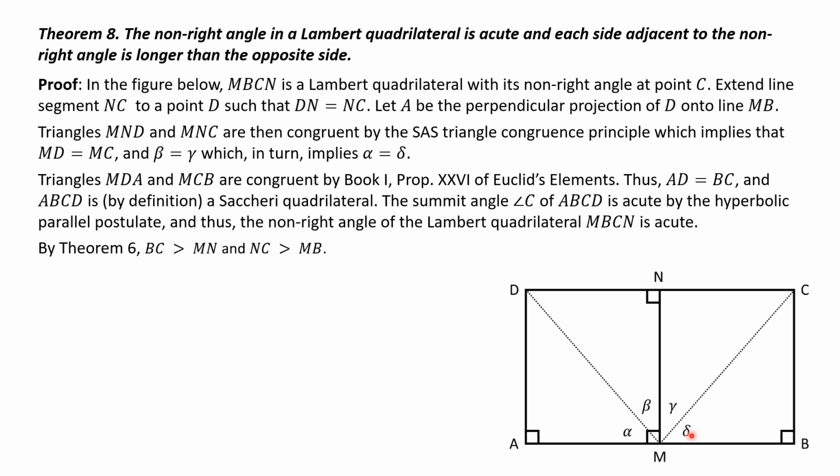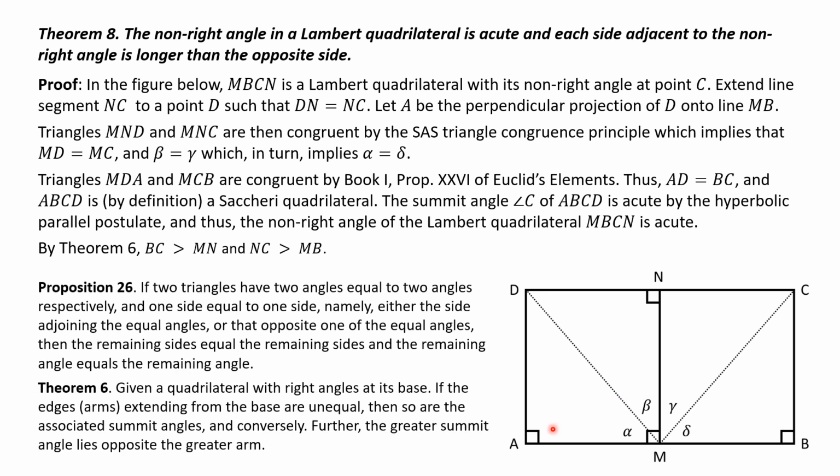And with that information, I'll show you the theorem we're going to use here, Proposition 26 from Euclid's Elements, which gives us both angle-side-angle and angle-angle-side congruence theorems. What we need here is angle-angle-side. You notice we have an angle. These two angles are the same.